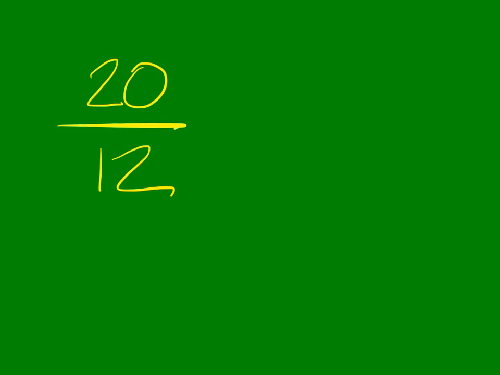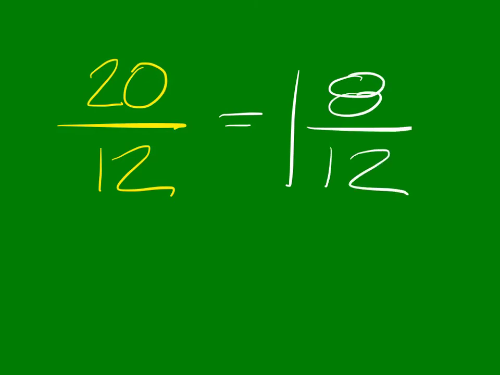12 will go into 20 how many times? Once. With how many left over? 8. Can 8 over 12 be reduced? Yeah. And what am I going to cut it down by? What number goes into both 8 and 12? 6 doesn't go into 8. 4 goes into both of them.